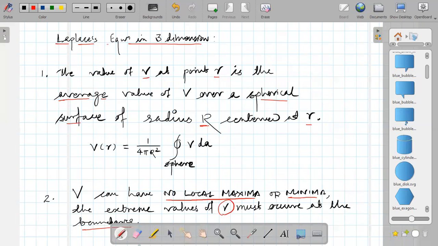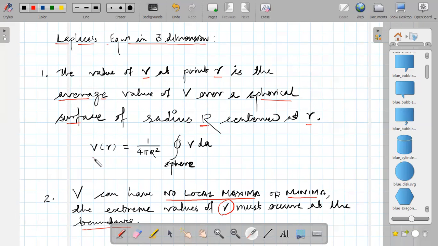In this case, what are the main points? In point number one, the value of V at point small r is the average value. This is the important word, average value, or closed integration of V into dA.